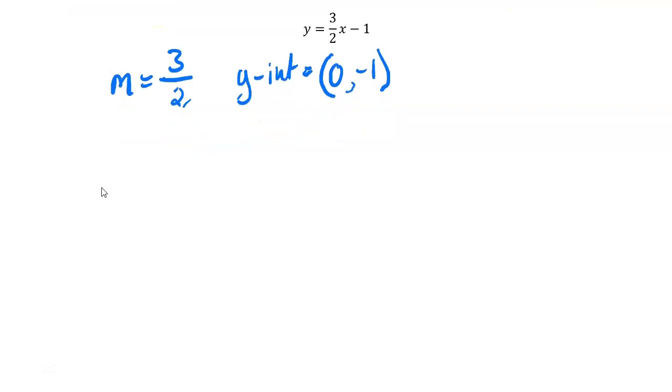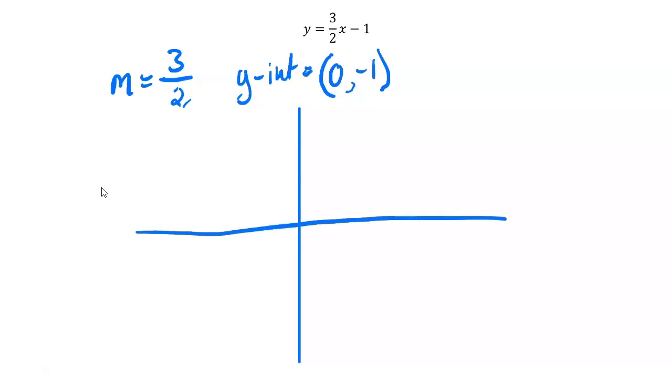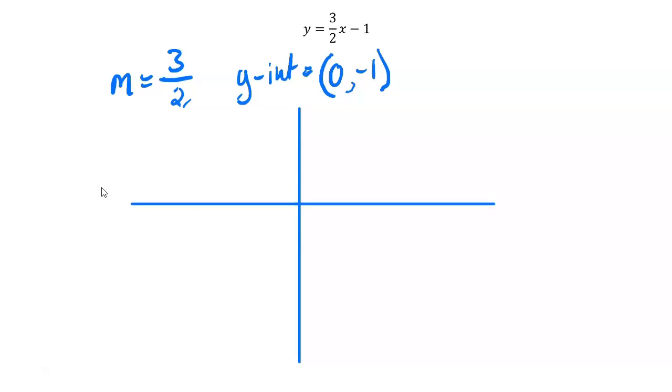Now our gradient or slope helps us to get to the second point. So let's draw this up. Okay. Didn't draw that one very well, but I can't use a ruler on the iPad. Okay, y, x. So let's start putting in our scaling.